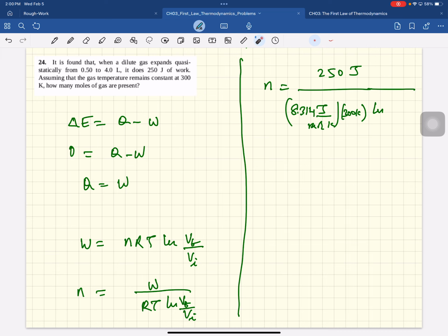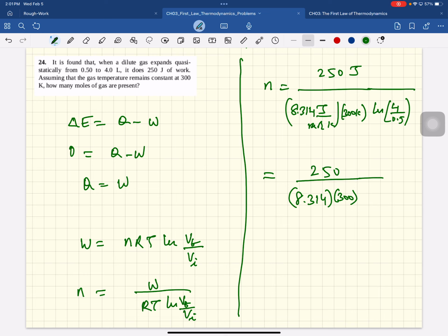We don't need to convert the volume because that's a ratio, and we can keep it in the same units. All the units will cancel such that this works out in moles.